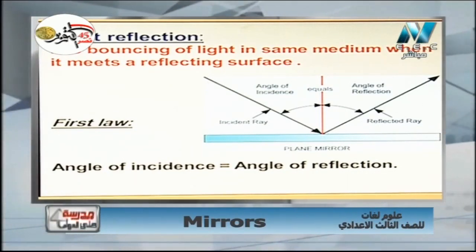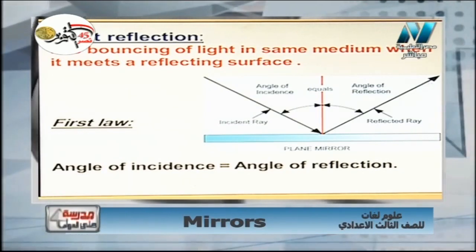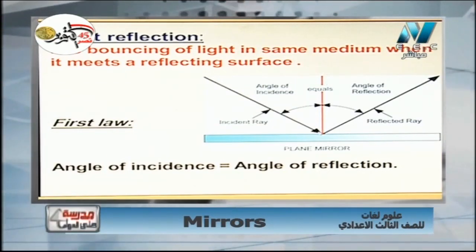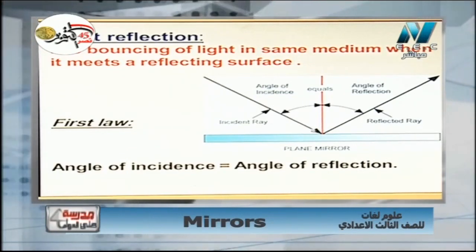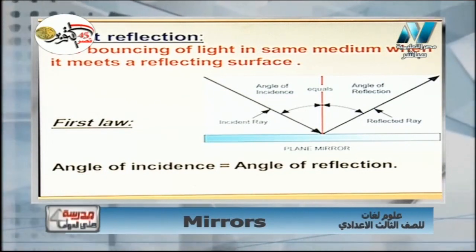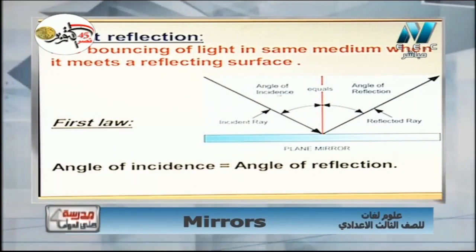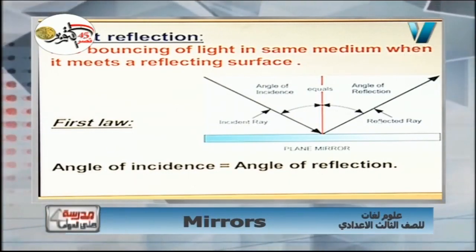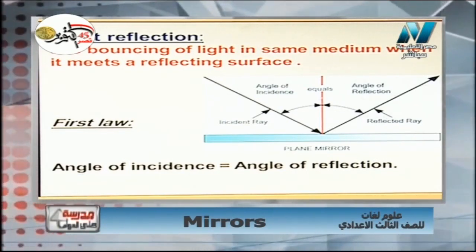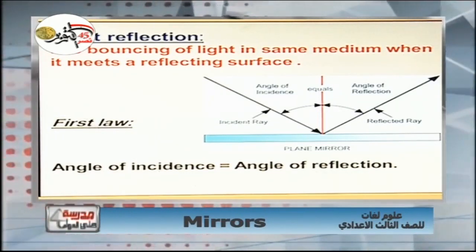This we call the reflected light ray. This line we call the normal line or the perpendicular line. From this diagram, we conclude that the angle between the incident ray and the perpendicular line is called the angle of incidence. The other angle, with the reflected ray, is called the angle of reflection. The first law of reflection is angle of incidence equals angle of reflection.